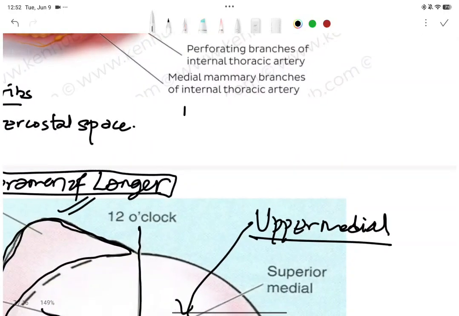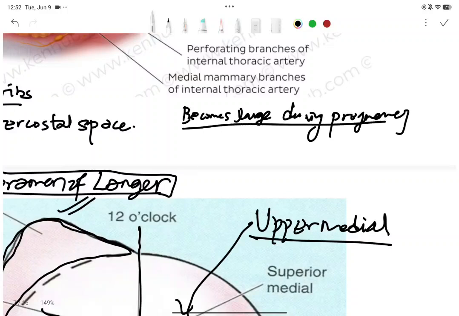The areola becomes enlarged, becomes large during pregnancy and lactation, and forms raised tubercles.